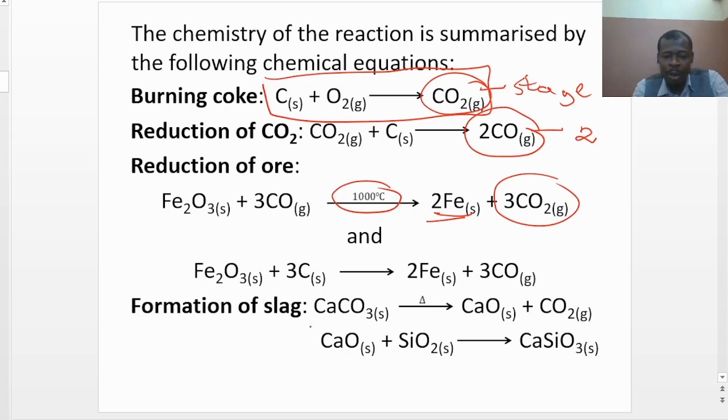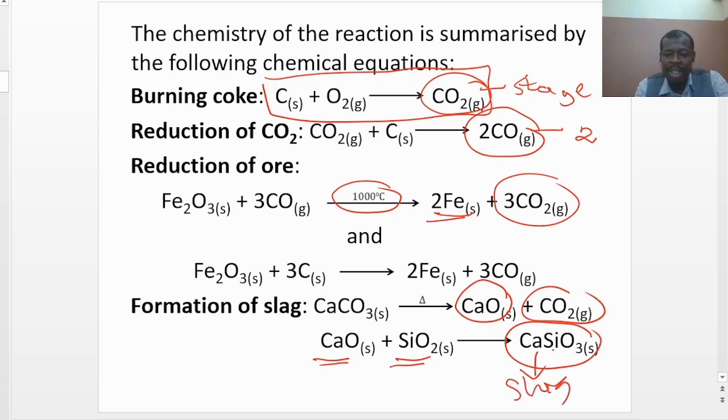Slag is formed when calcium carbonate, CaCO3, is decomposed to form CaO and CO2, and finally the CaO reacts with silicon 4 oxide to form the slag, which is calcium silicate. This helps in the removal of the impurities. So these are the equations that are relevant and very important during the extraction of iron.